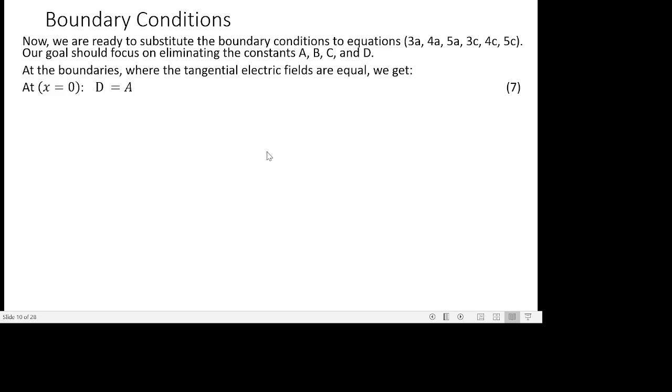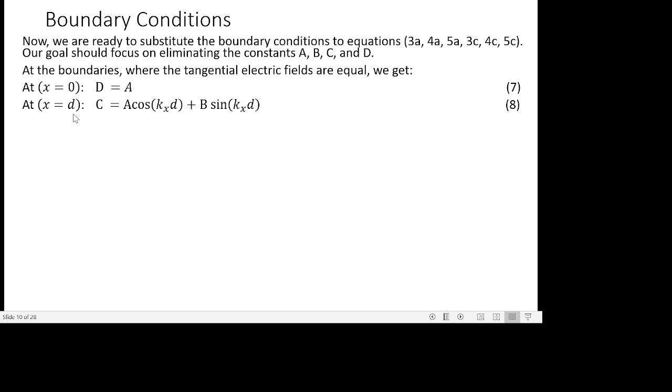First of all, let me tell you the ultimate objective of this step. We are going to substitute the boundary conditions, and then the next thing we need to do is to eliminate all these constants A, B, C, D. At x equal to 0, what we obtain is d equal to a.